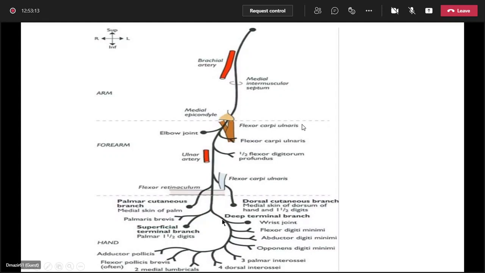But if it is damaged, then there is hyperextension at the MP and flexion at the IP joints. This leads to a condition which is known as the claw hand. So this is all about our topic of today. I hope you have got all of that. Any question out of this presentation if you want to ask?